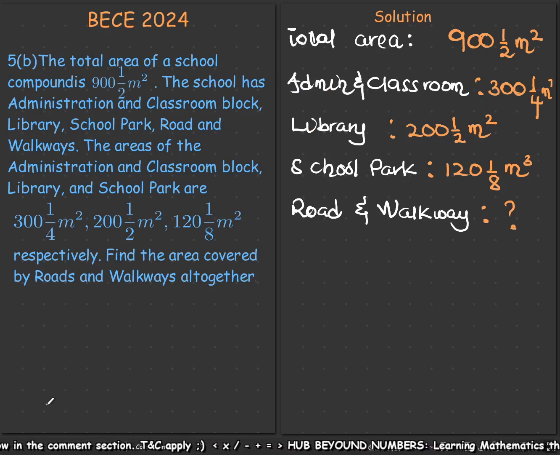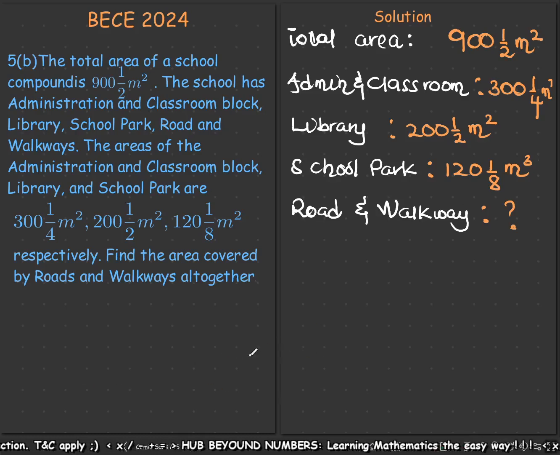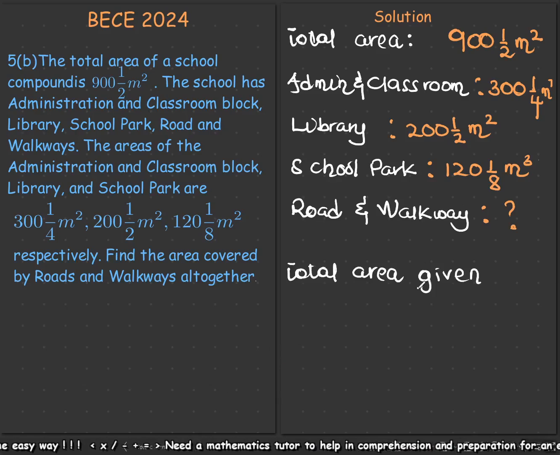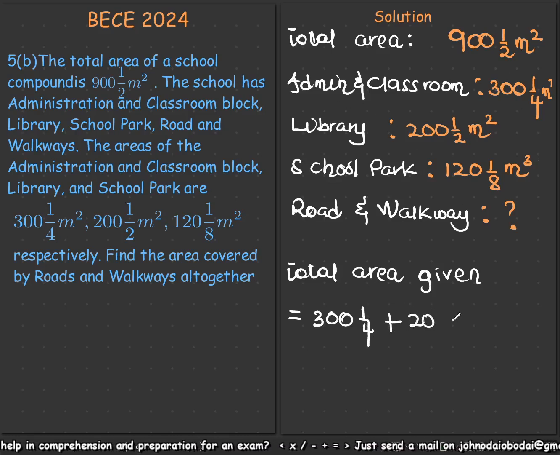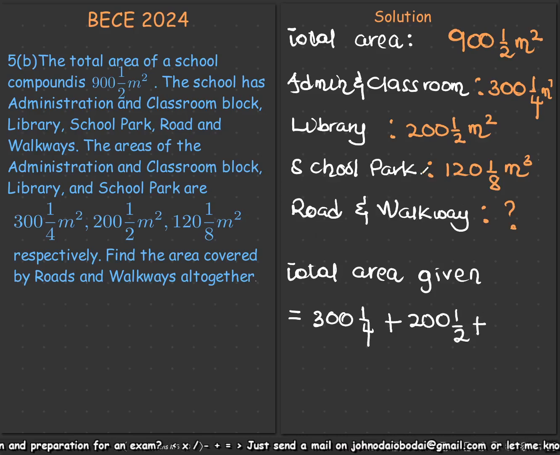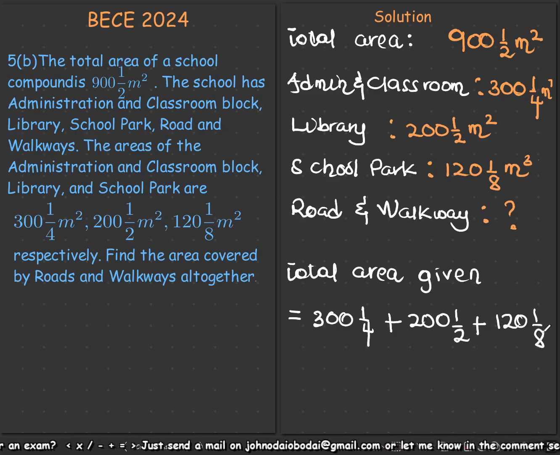That is the known area, what we've been given. So the total area given will be equal to the administration, 300 and a quarter, plus library 200 and a half, plus the school park, which is 120 whole number 1/8.